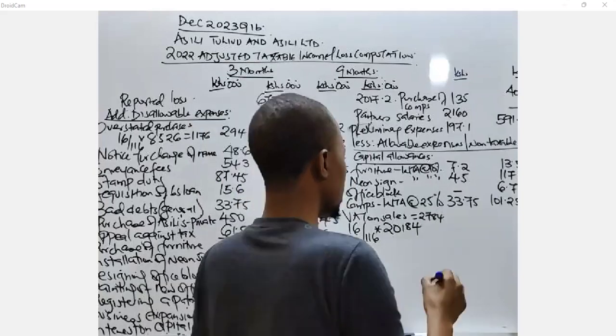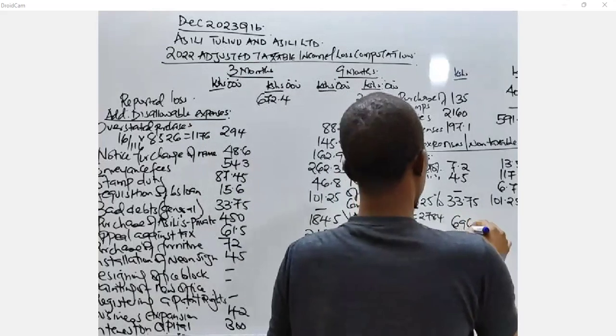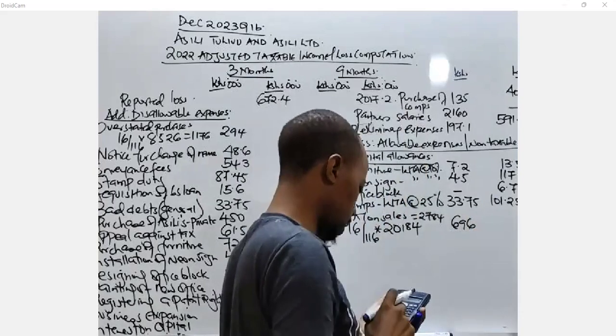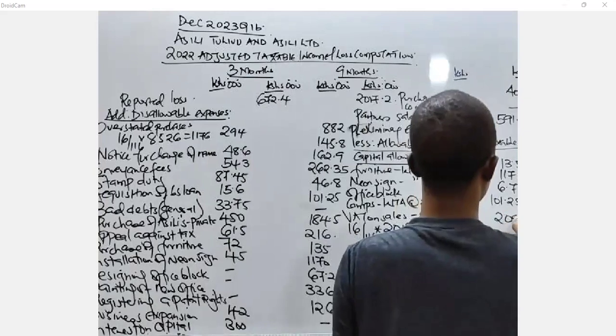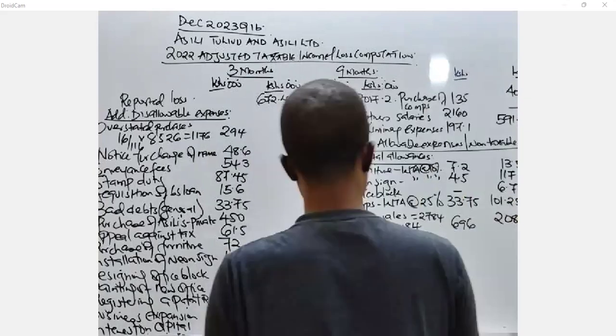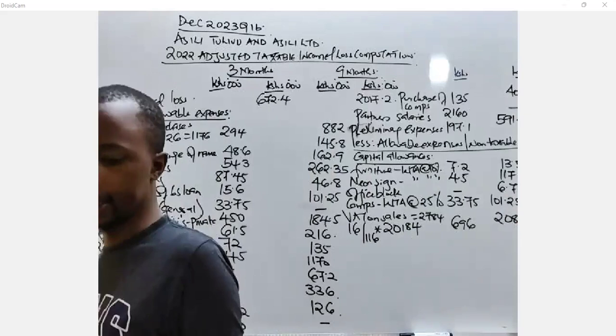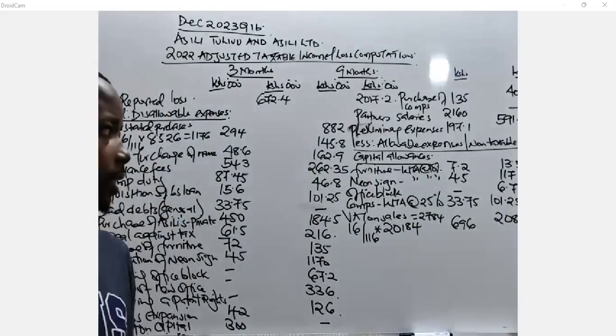This one will be 696. Then 2784 minus my answer, we are getting 2088. 2088 there. Then we look on our non-taxable incomes.